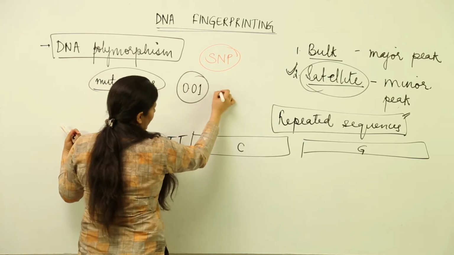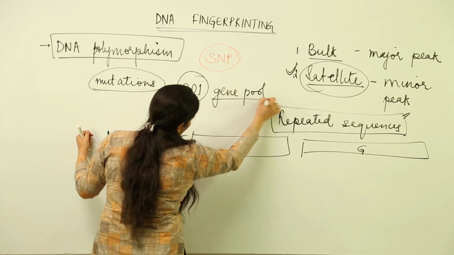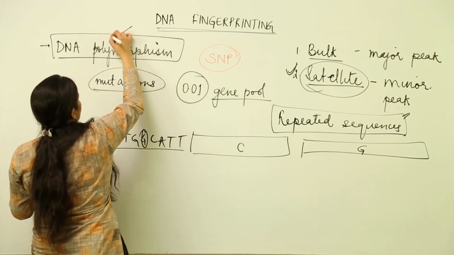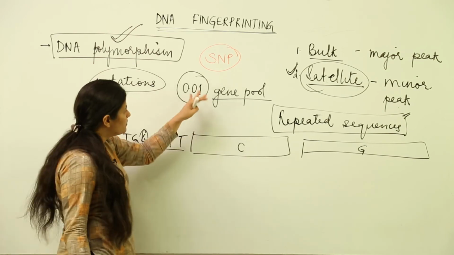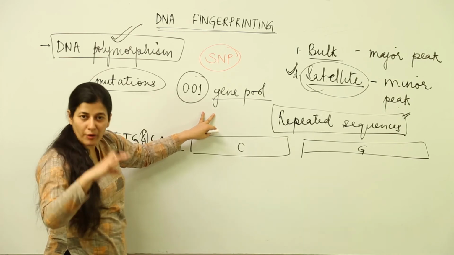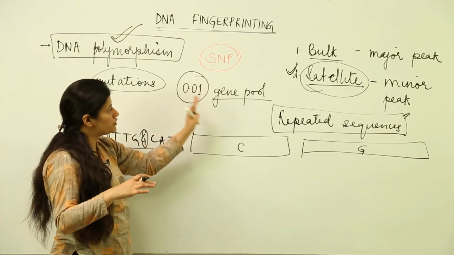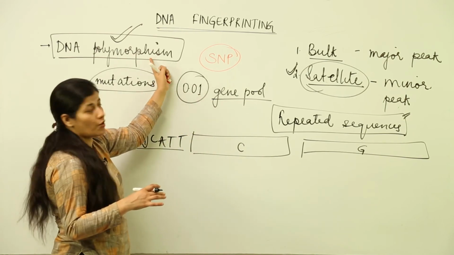if the frequency of a mutation is 0.01 in the gene pool of a given population, it is nothing but polymorphism. Okay, if the mutation is being seen up to this much frequency in the gene pool of a particular population, that means allelic composition is showing this much variation, then it forms the polymorphism.